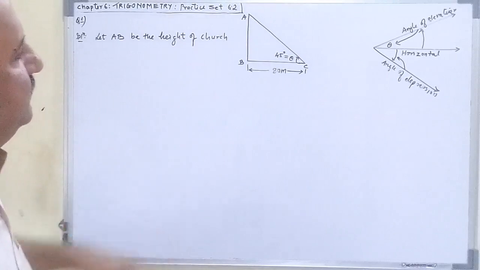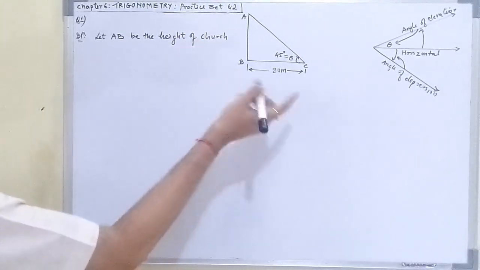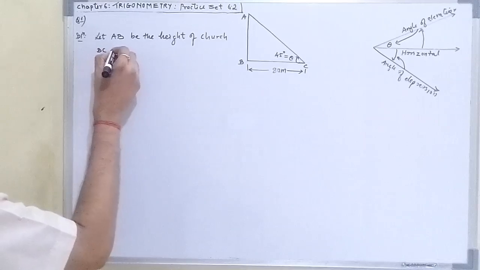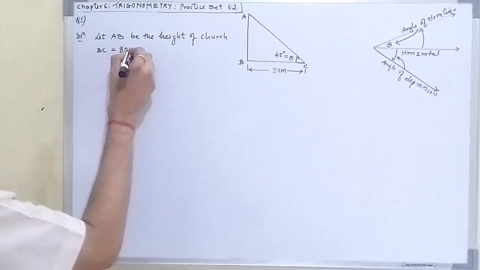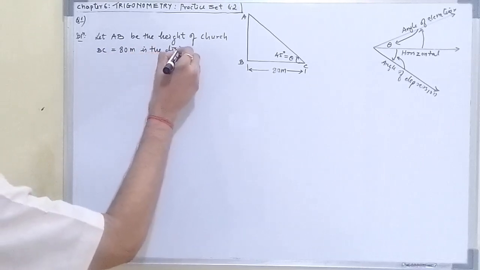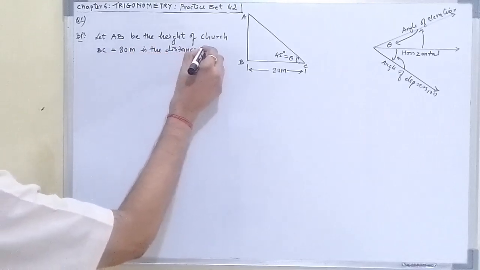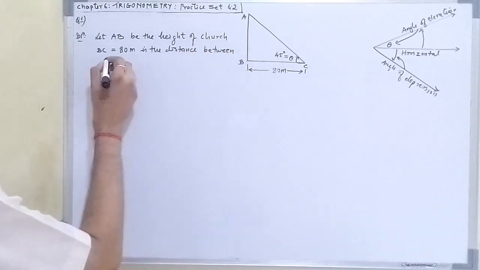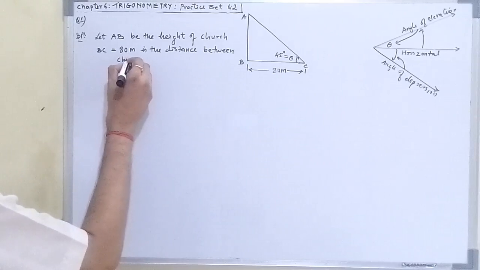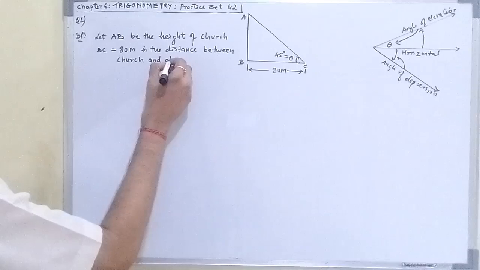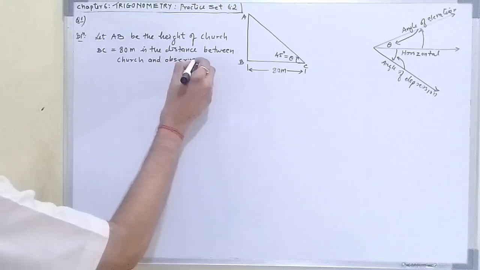You have to find this. AB is the height of the church. BC equal to 80 meters is the distance between the church and the observer.